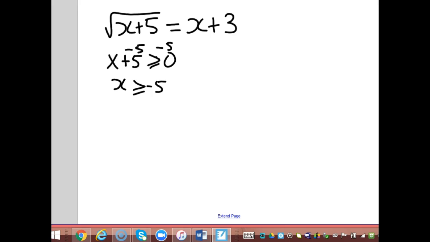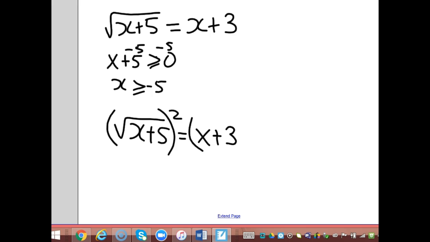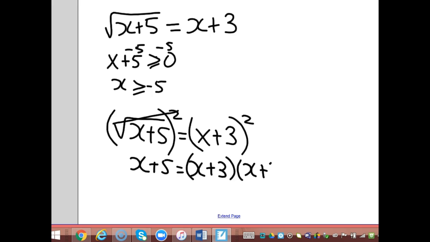So first, if we're going to solve this equation, we want to get rid of the root. So to get rid of a root, we square. Okay, so squaring and rooting cancel, and we have x plus 5 equals, and this is a FOIL situation. Don't get tricked.